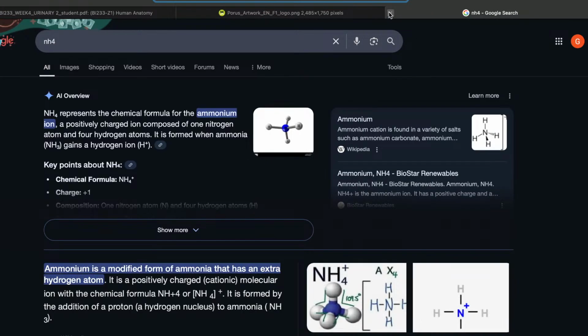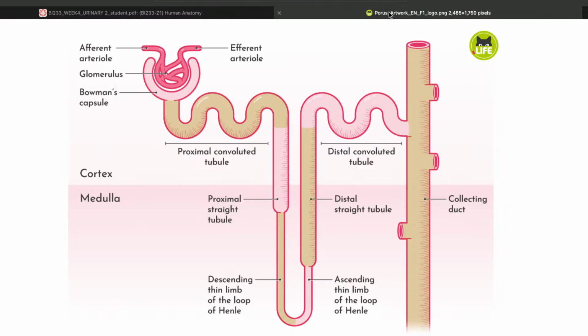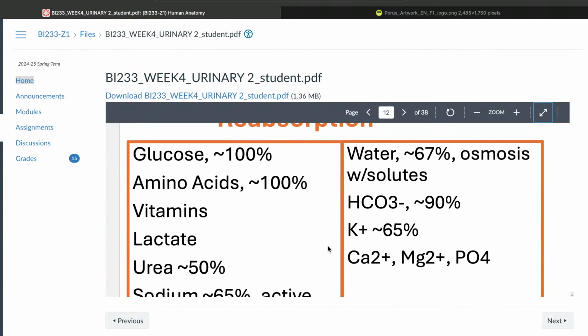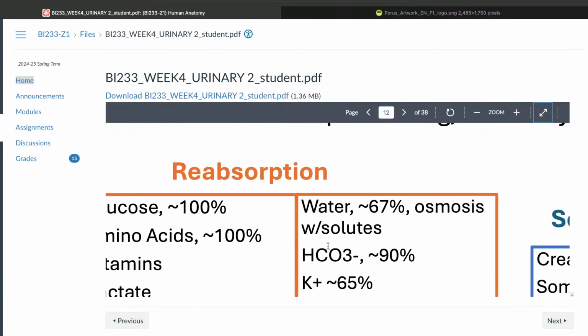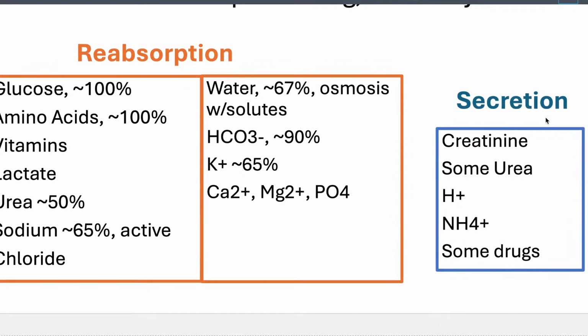Ammonium. Ammonium. Ammonia. Oops. Ammonia. Plus drugs.